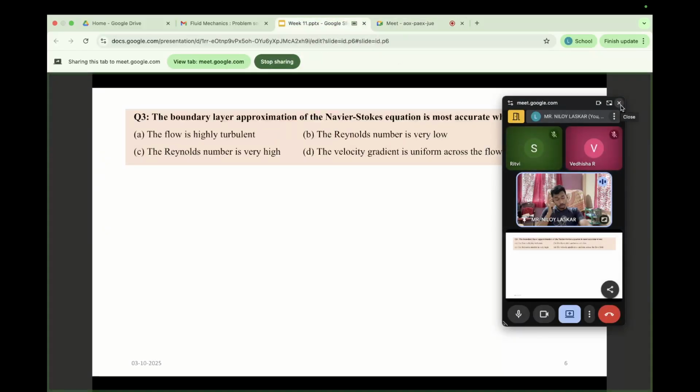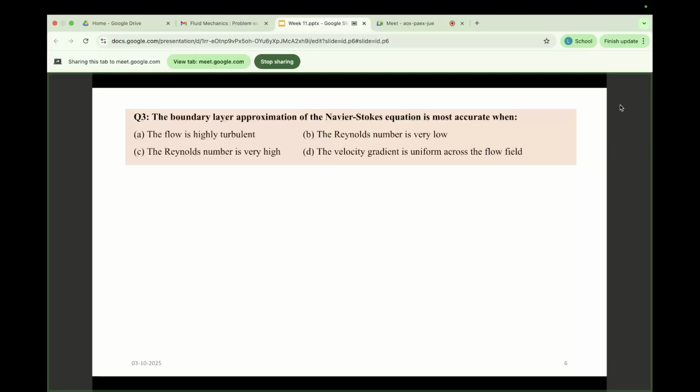This concept of boundary layer approximation is quite essential for you, because even if you go for any interview, they will ask a question about this. So the question is: when is the boundary layer approximation of the Navier-Stokes equation most accurate? For this approximation, they are basically assuming some points.